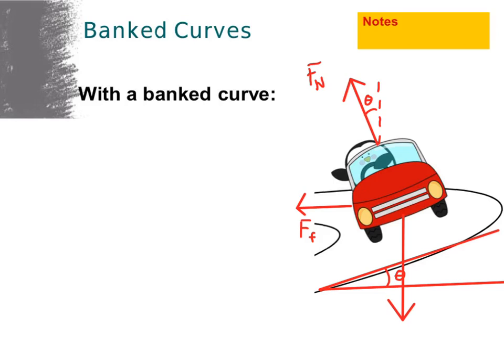Actually, I'm going to start off with red. So here is our gravitational force pointing straight down. That hasn't changed. It's always going to point straight downward in the vertical direction. I still have the force of friction pointing left into the center.